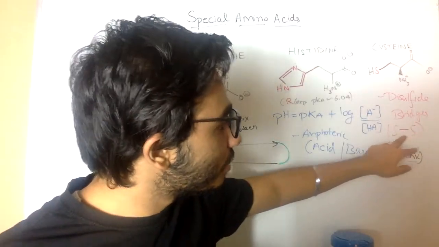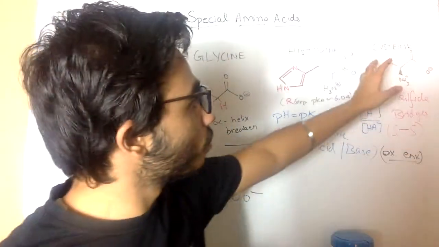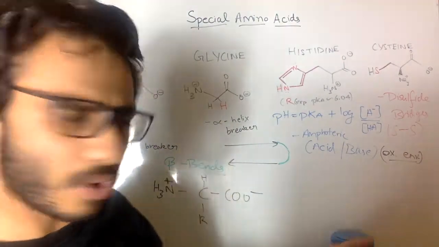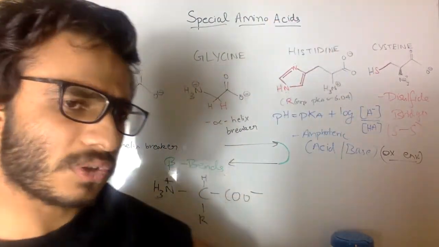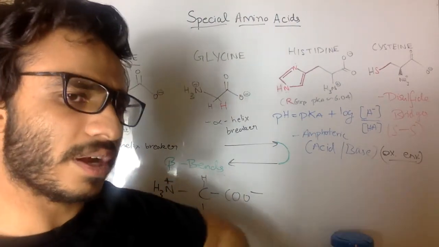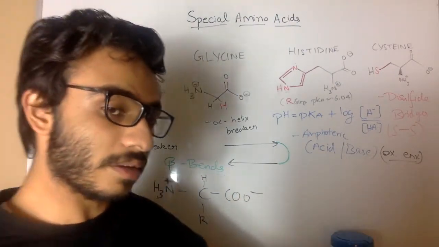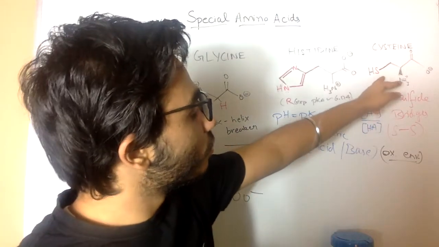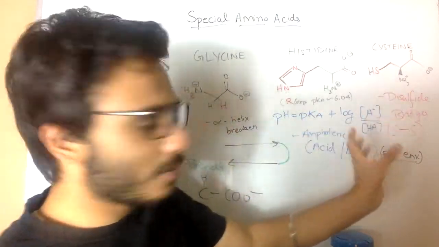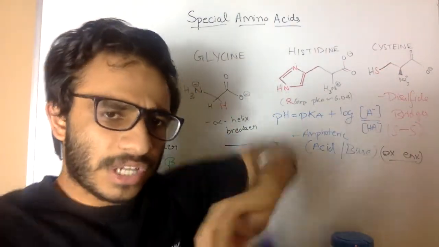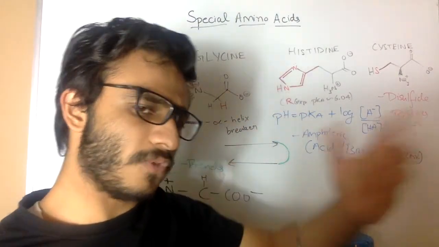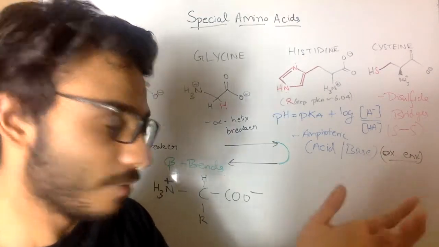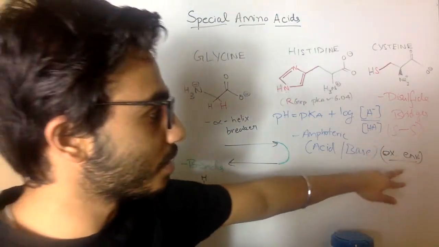Two cysteine amino acids come together in an oxidizing environment, and they lose their hydrogen atoms, because oxidizing agents remove hydrogen atoms, they remove electrons. So two cysteine amino acids will come and shake hands and form disulfide bridges. Two sulfur atoms will form a bond between them in an oxidizing environment.